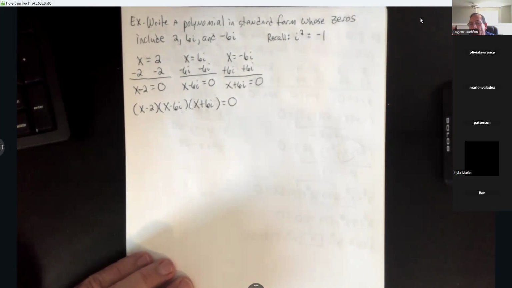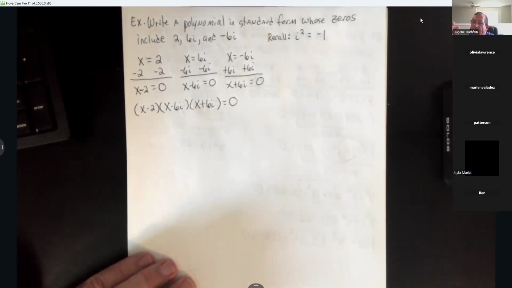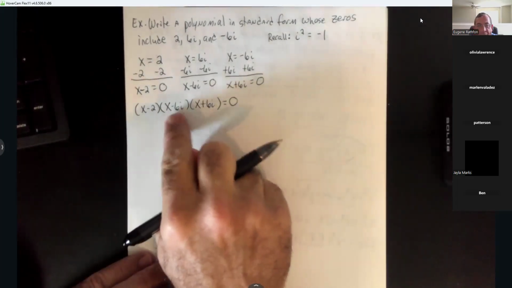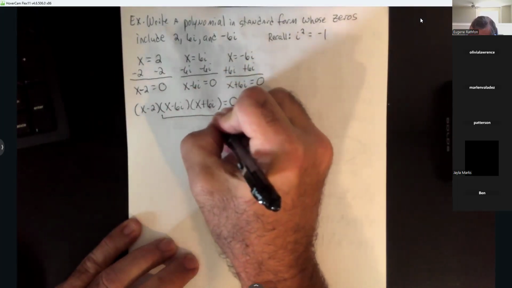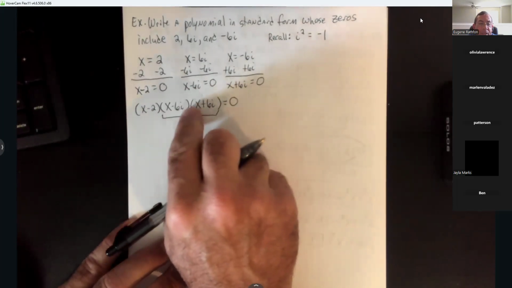Now, that last problem, we wouldn't have been picky about which two things we FOILed first. But when you have imaginary factors like this, you definitely want to multiply these factors together first.